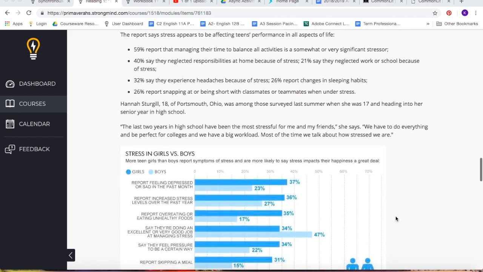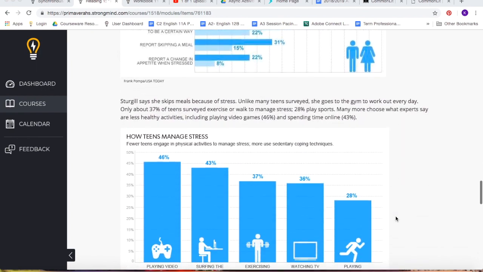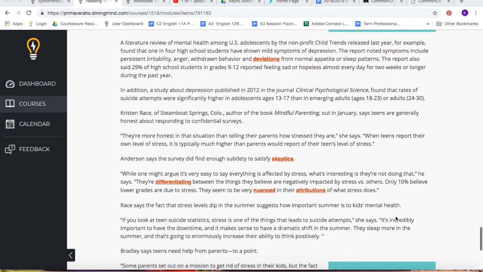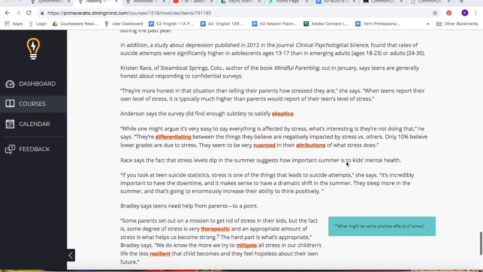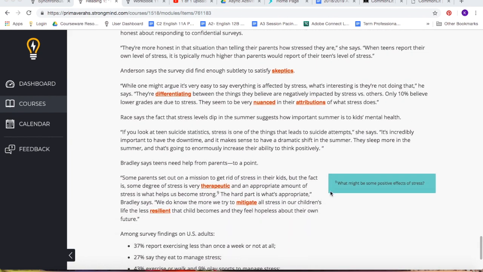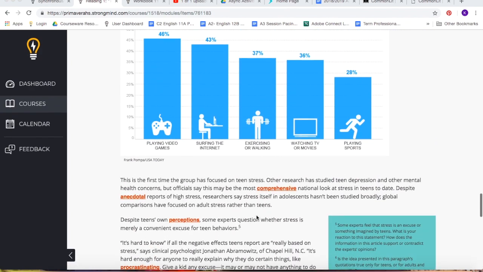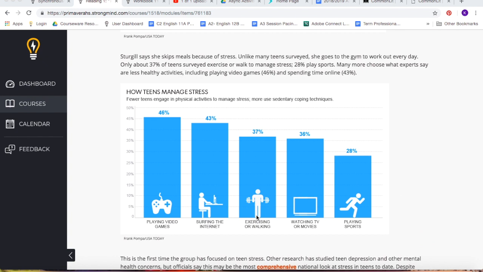And then as we continue to scroll through, we'll see there are more. I'm not going to go through every bar graph because you guys have already read this article. But the importance of these different text features, all of the bolded words, the pop-out text boxes, the graphics, help make this a much more understandable and readable text to look at. I'm going to leave this up here on the screen.